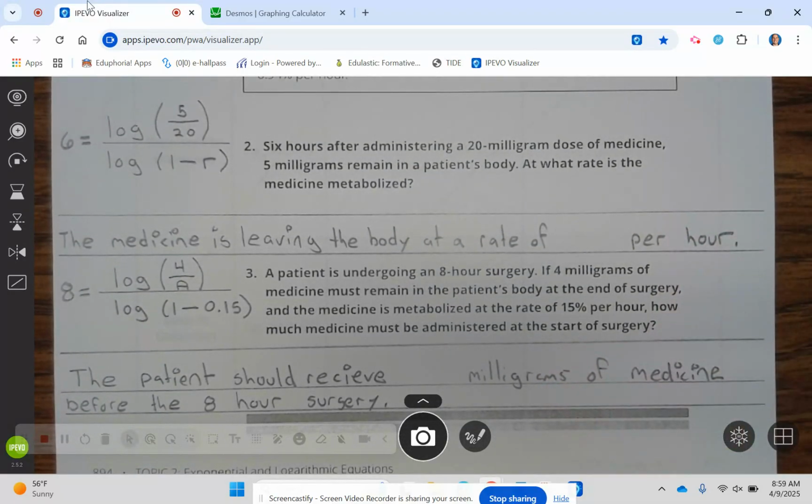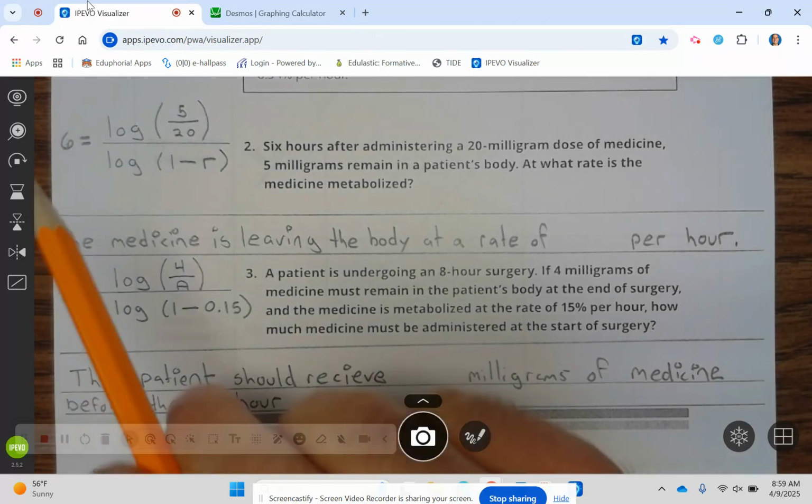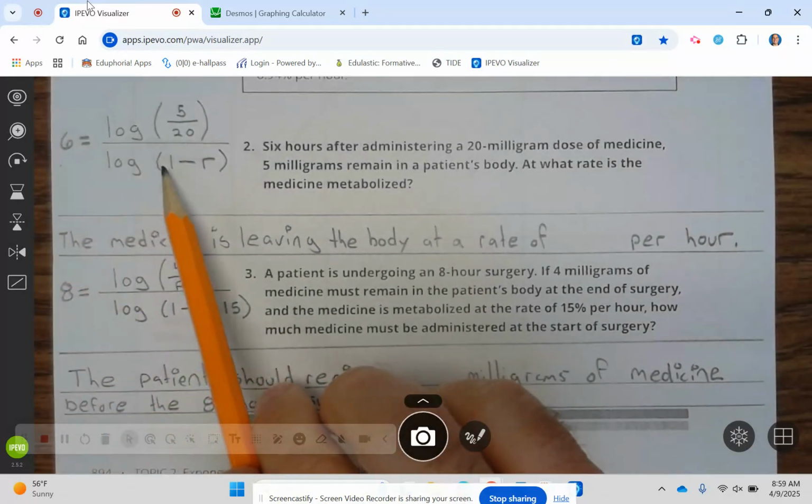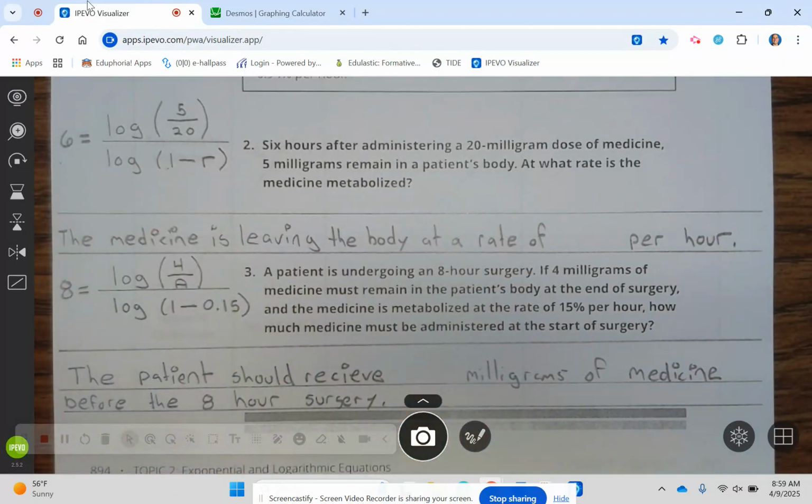2. 6 hours after administering a 20 milligram dose of medicine, 5 milligrams remain in the patient's body. At what rate is the medicine metabolized? So we need to graph y equals 6 and y equals this and find the point of intersection. So let's go ahead and do that now.